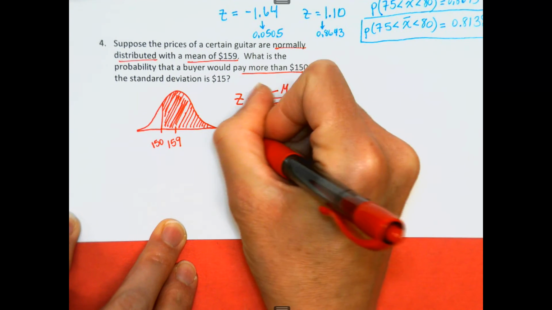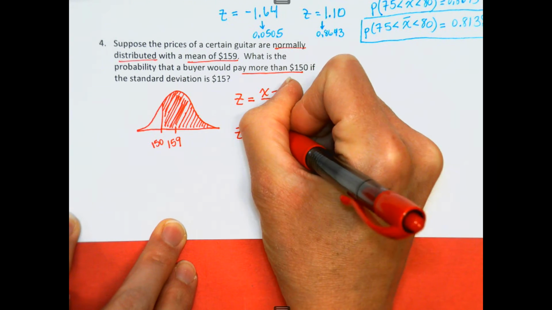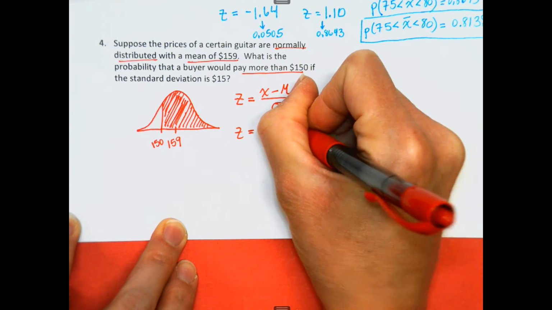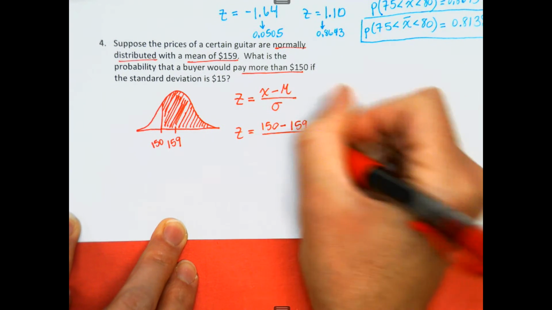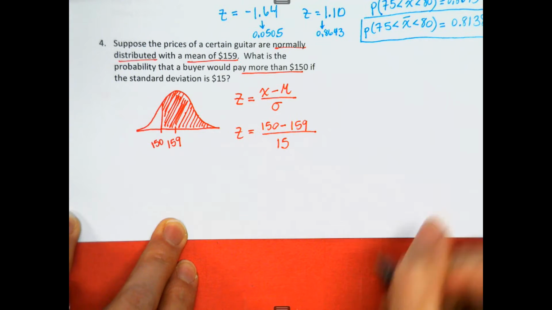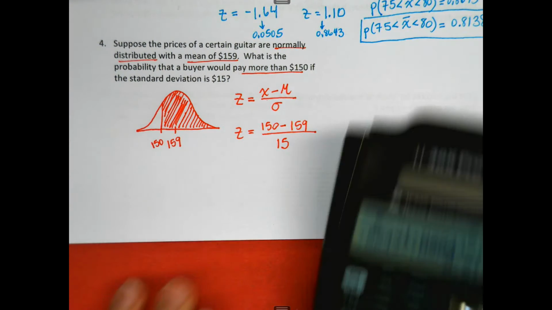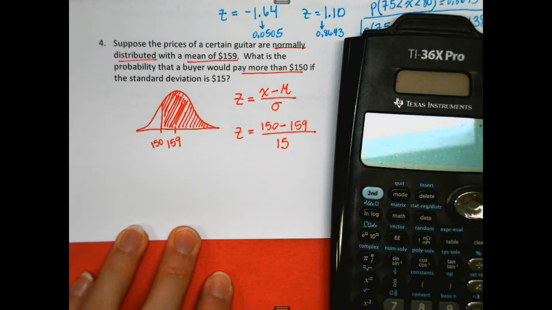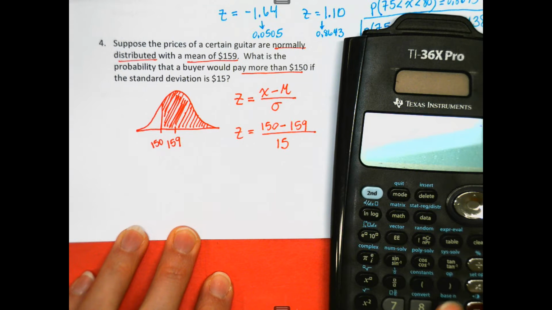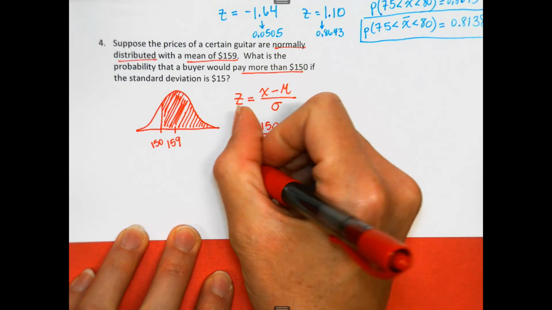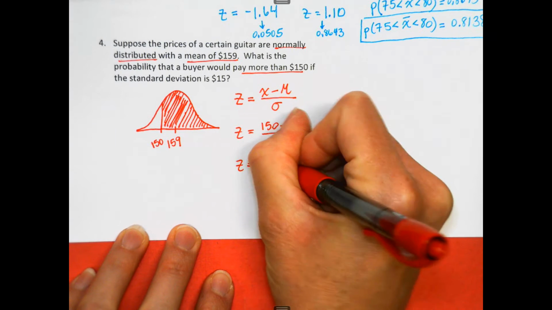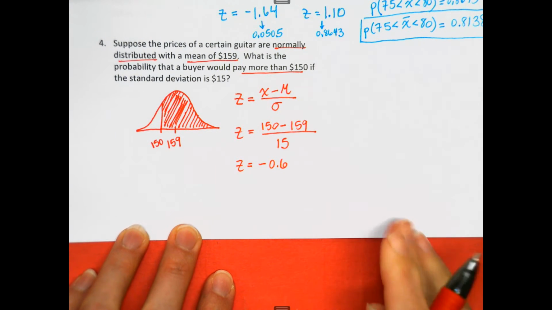In this case, our x is 150, our mean is 159, and our standard deviation is 15. $150 minus 159 divided by 15 gives us negative 0.6. Our z, therefore, is negative 0.6.